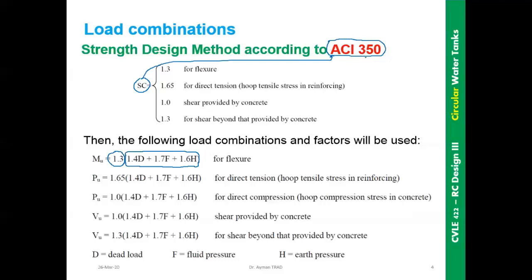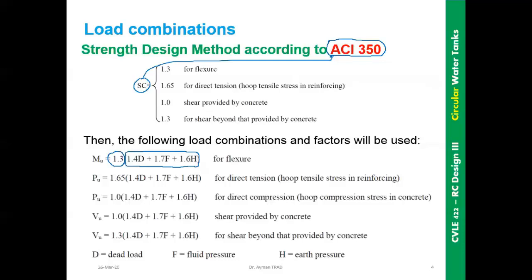So the design of water tanks is done according to ACI 350, again specific to environmental structures. This ACI says you can use the load combinations of the ACI 318 for buildings, but each time you have to multiply by a sanitary coefficient to apply a majoration of the loads and to guarantee a section without cracks.